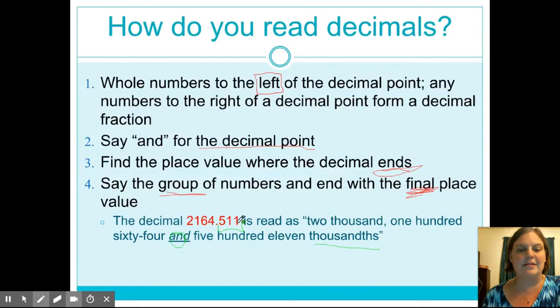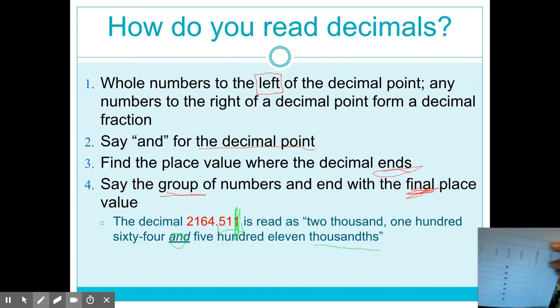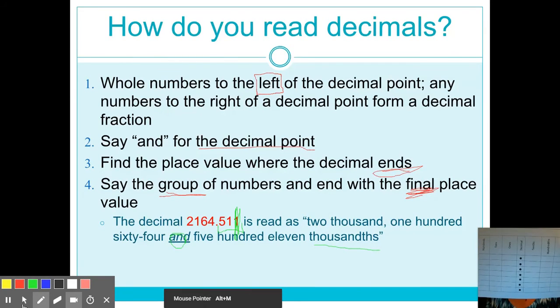This is the last place value right here. So it is the thousandths spot. So 511 thousandths. We're going to practice several on your note taker. So make sure you have this still right in front of you. I am going to change the camera a little so that we can look at how to fill this in and talk about it.